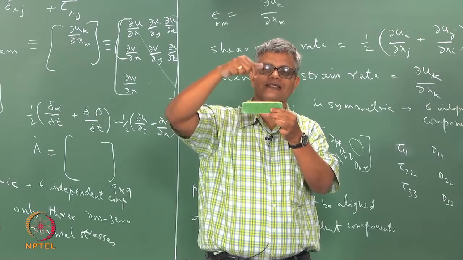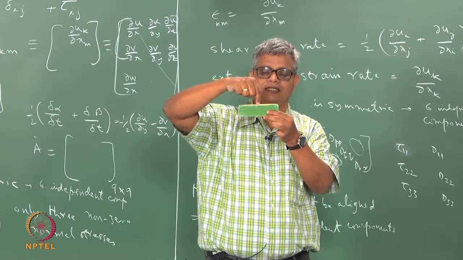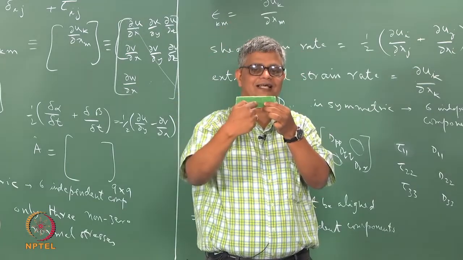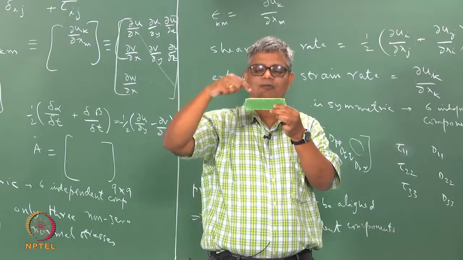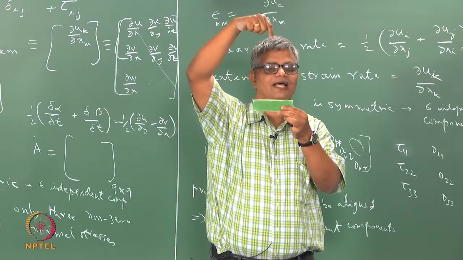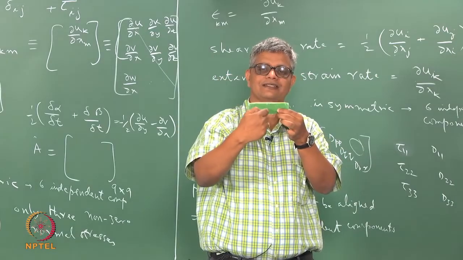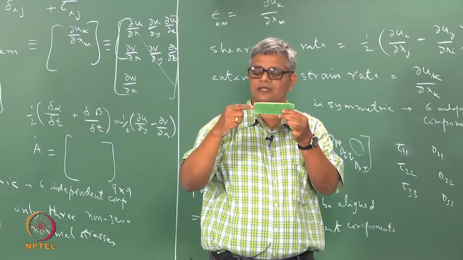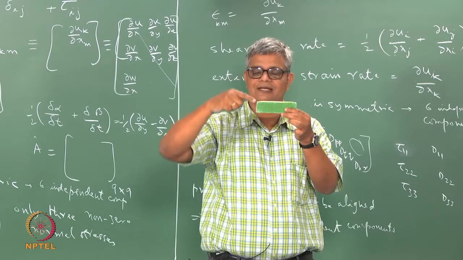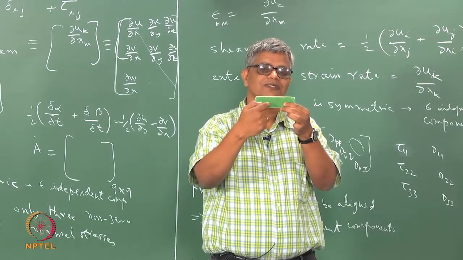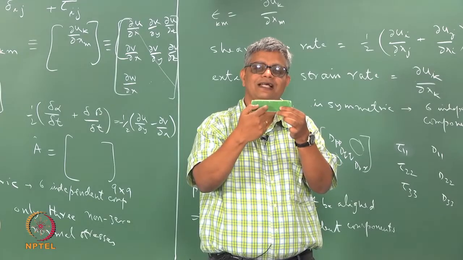And so, the contraction that is produced by the application of a stress in the y direction, that is a tensile stress, produces a contraction in the z direction. Now, similarly if you apply the same tensile stress along the x direction, it again produces a contraction in the z direction.